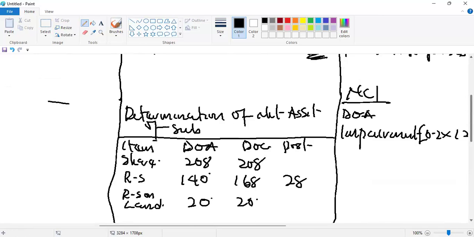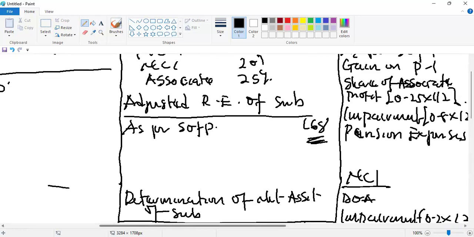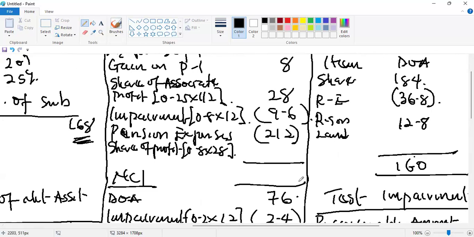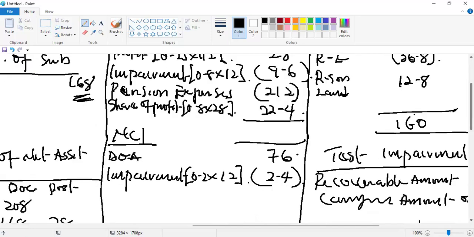Parent will collect 80%. 0.8 times 28. How much is the share of profit? 22.4.